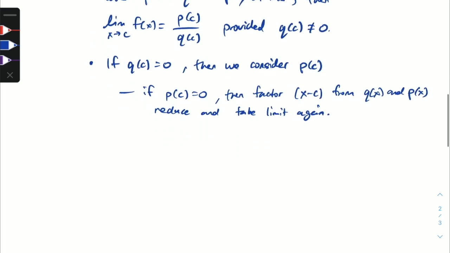And if p of c is not equal to 0, then the function f of x does not have a limit. So say it this way: the limit as x goes to c of f of x DNE, does not exist.